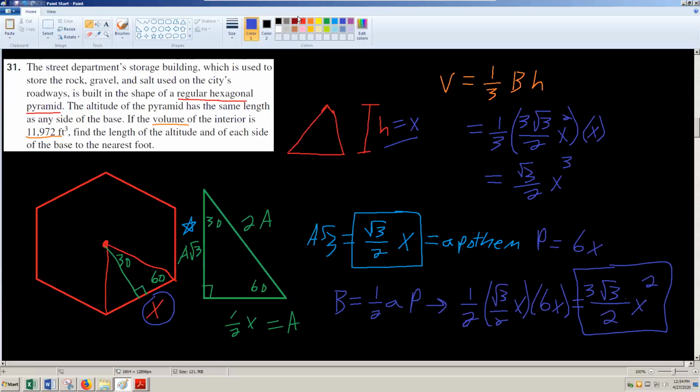And we know this volume was given to us to be 11,972. Now's the point where I can start doing my approximation. So here what I'm going to do next is divide both sides by this root 3 over 2. If you want to think about it as multiplying by 2 and dividing by root 3, it's literally the same thing. So do that step first. So divide by my root 3 over 2. So, 11,972 divided by square root 3 over 2.